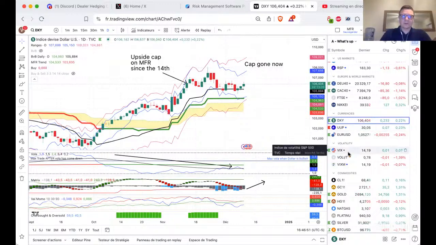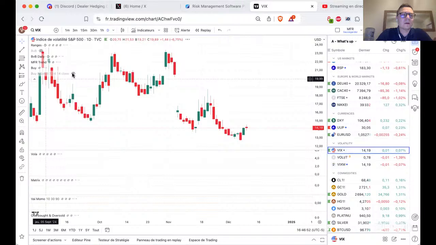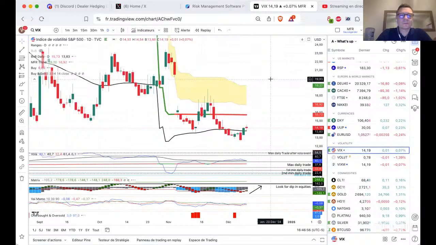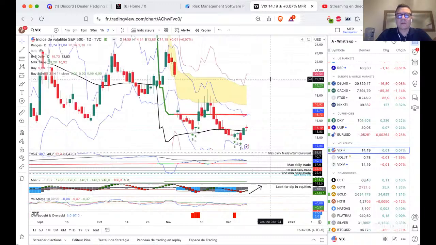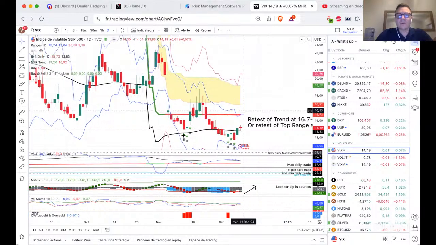Now to VIX. As I mentioned, I got buys on VIX. Those buys don't happen every week, right? And they are not a signal to say, okay, let's put the house on a bearish bet. They are just saying VIX has bottomed for a few days. We're going to get some volatility, and then probably a dip in equities that we're going to buy.